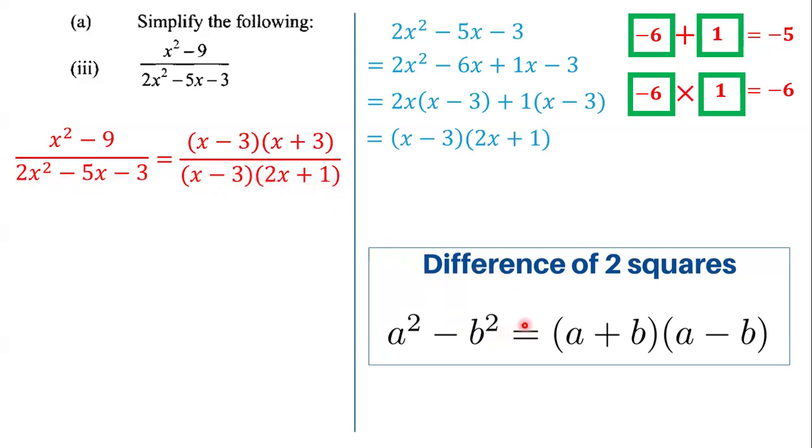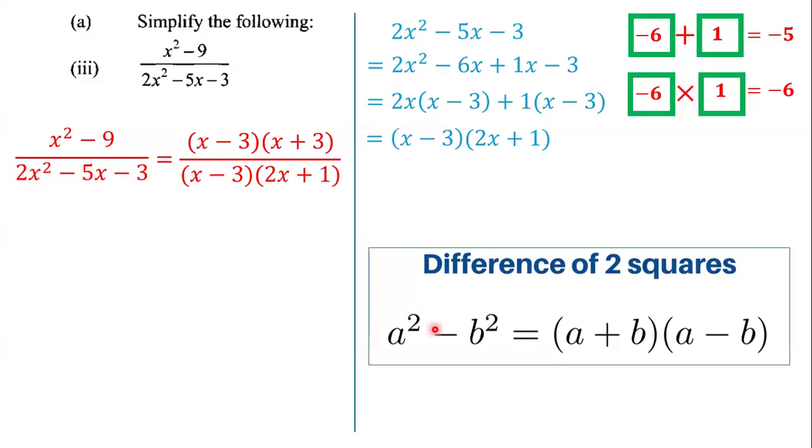But notice here we have the difference of two squares formula. The difference of two squares formula is appropriate because we have to factorize this numerator. Now this term is x squared and this term is 9, but 9 is 3 squared. And so we could use the difference of two squares to factorize this particular expression.